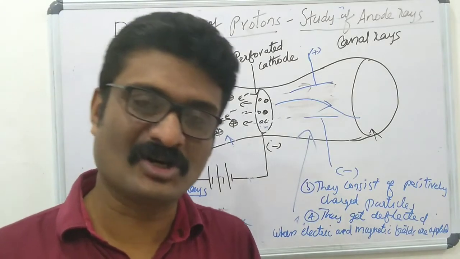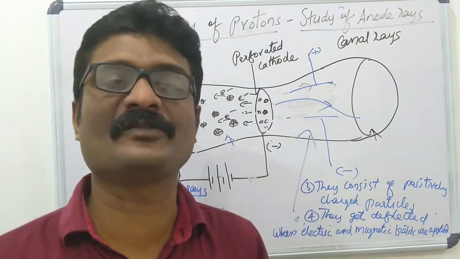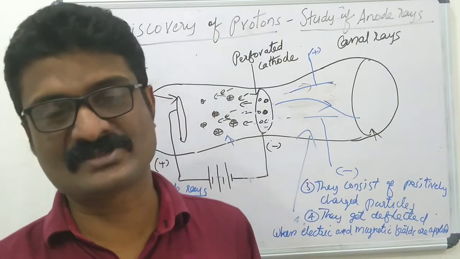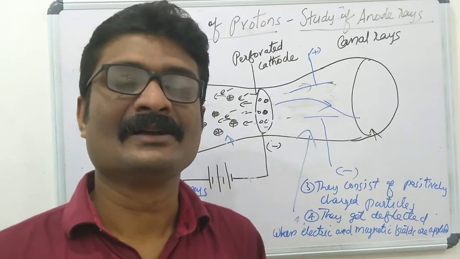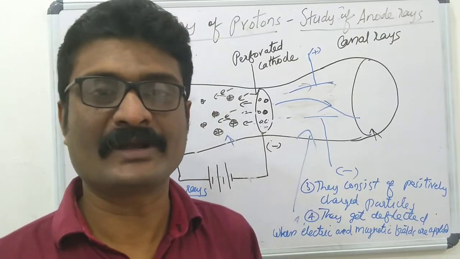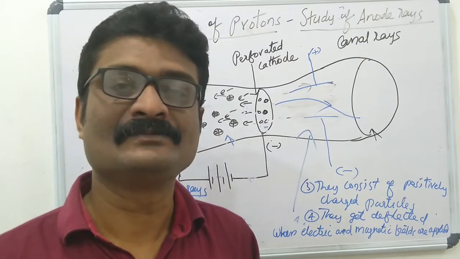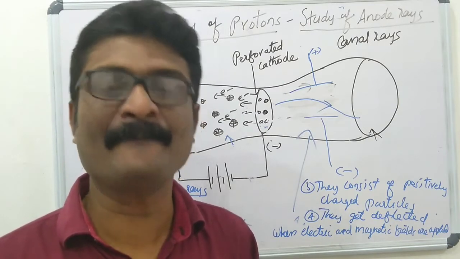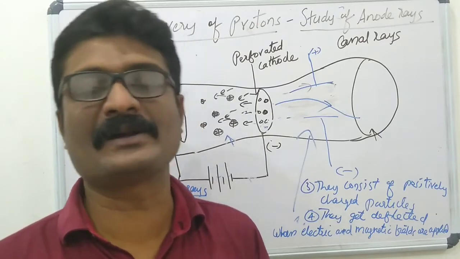Okay, so the charge to mass ratio, the e/m ratio of cathode rays, is always the same, that is 1.76 × 10^8 coulomb per gram. Okay, 1.76 × 10^8 coulomb per gram is the e/m ratio of the particles of cathode rays.